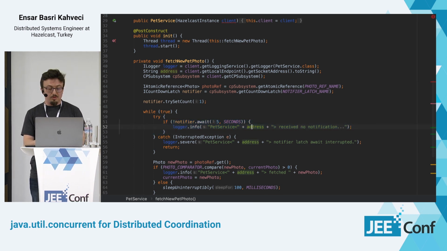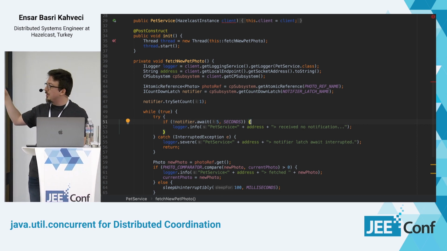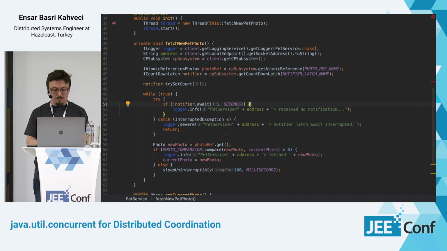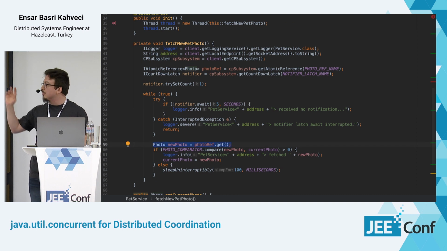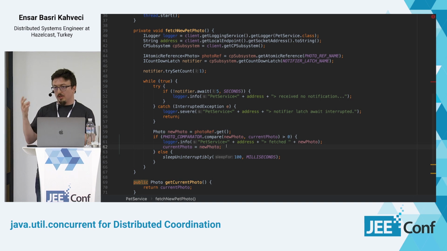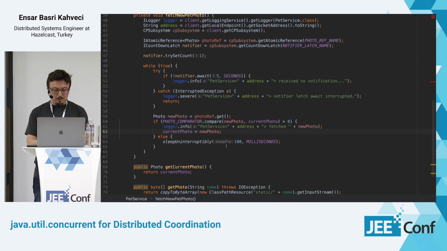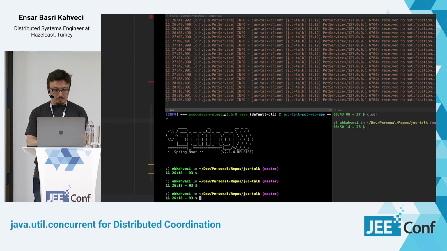This call will return either when 5 seconds pass or the pet owner notifies me. After that, I read the last published photo from this atomic reference instance, and I put it into a local field in order to cache it. So when my HTTP controller asks for the last published photo, I will just serve it from the local field. And okay, now we can go back to the console.